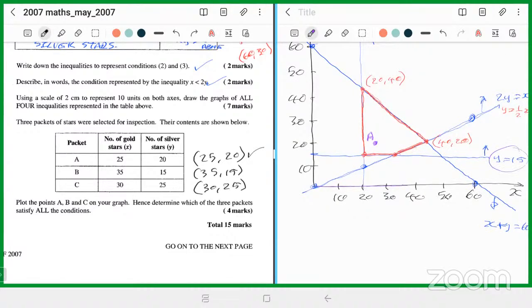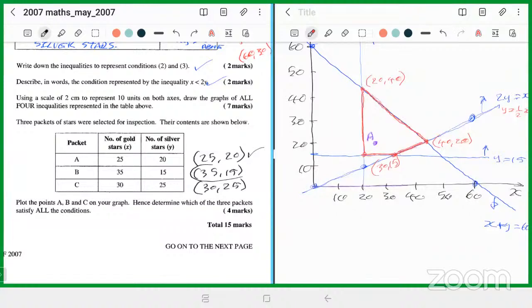So this vertex, even though it doesn't look like it, is (30, 15). It's on the line where y equals 15, and it's on the line where y is equal to half the x value. So this point is (30, 15).